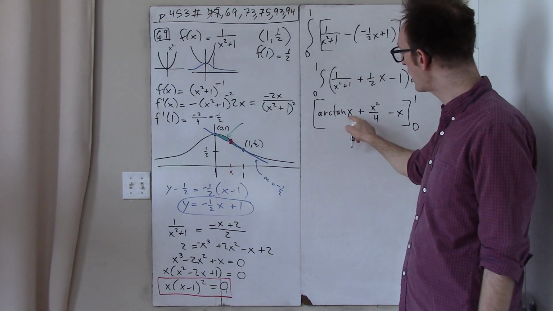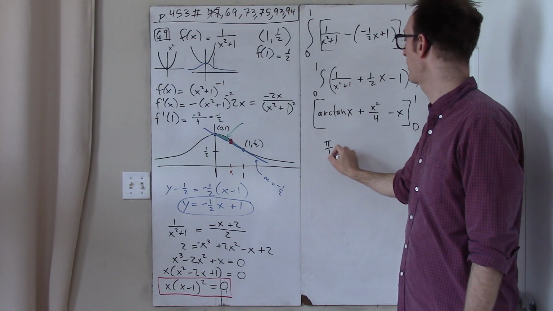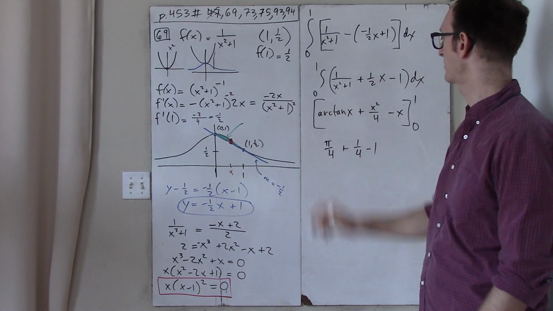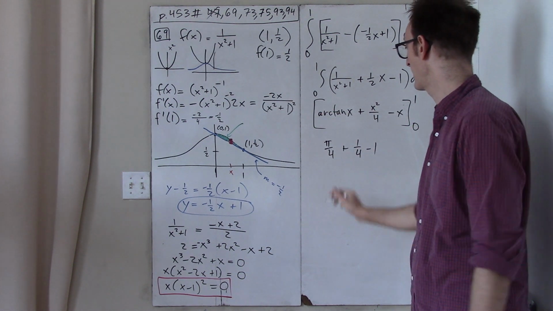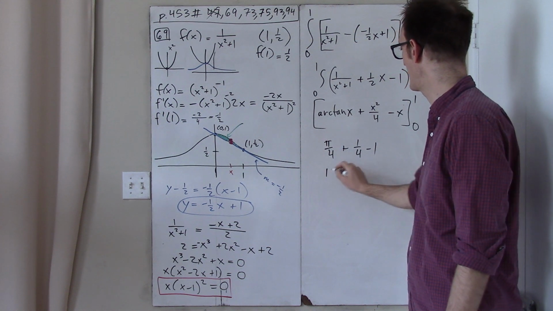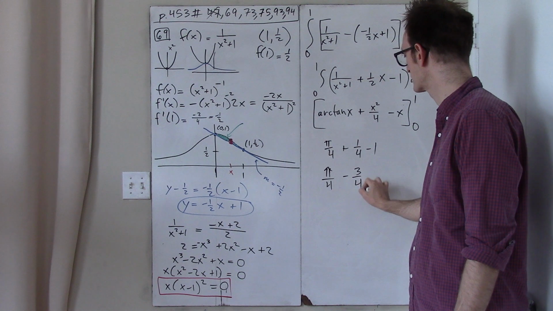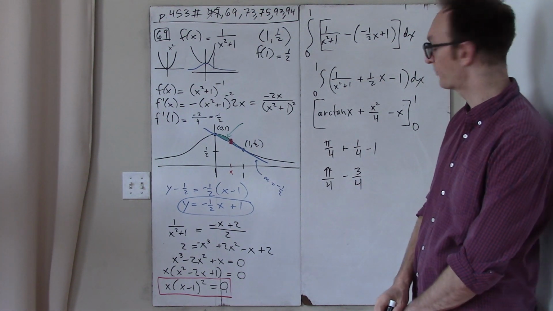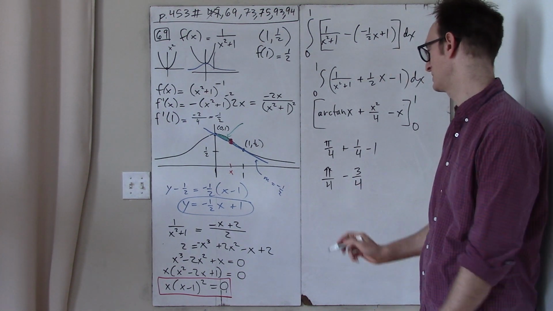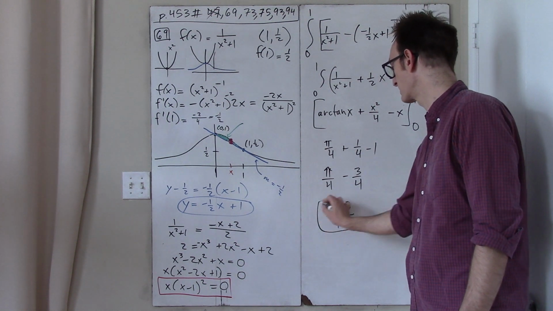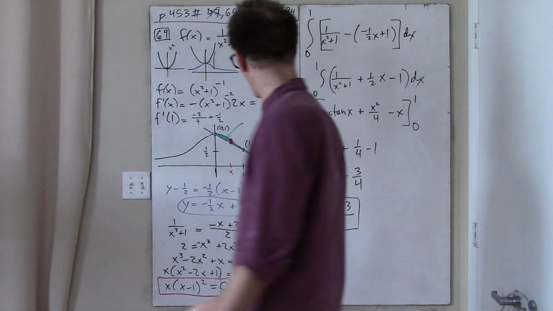Well, arctan 1 is pi over 4, and that's plus 1/4, and then minus 1, and these are all 0 when x is 0. So what I really get is pi over 4 minus 3/4. And of course, pi is just a tiny bit more than 3, so this is a very tiny number. It's a quarter of the difference between 3 and pi.